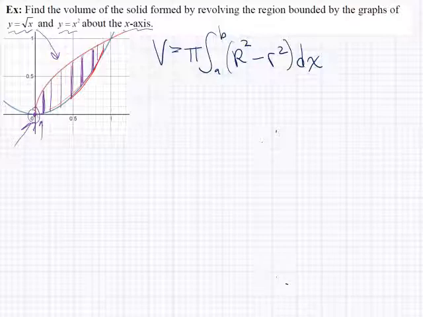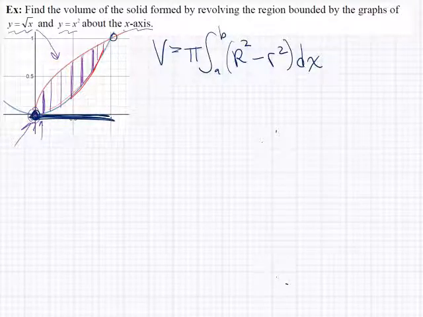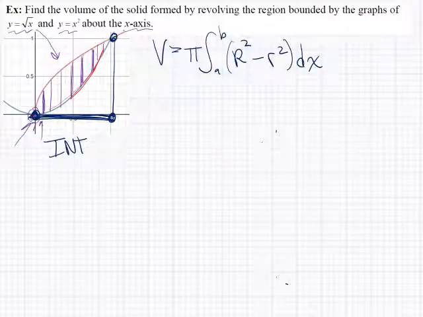The width is the width along the x-axis that we need this figure to span. It starts here, whatever this is, and ends here. So we need to figure out the intersection points between the two curves, so set them equal to each other.